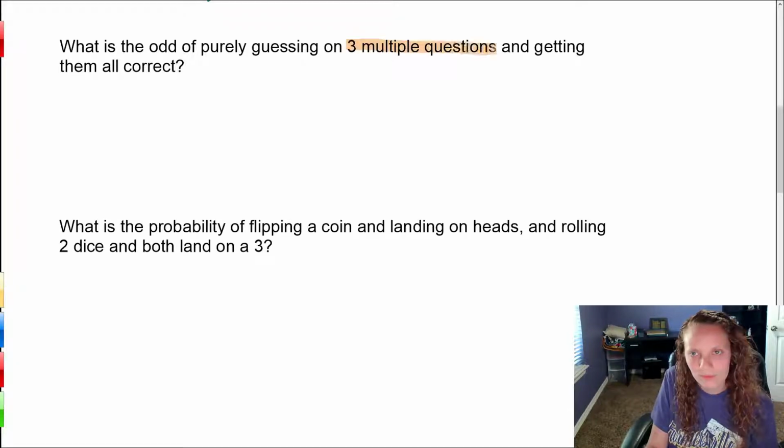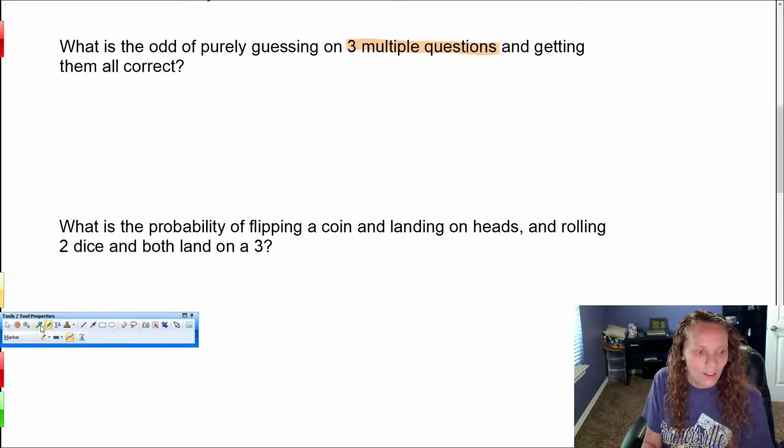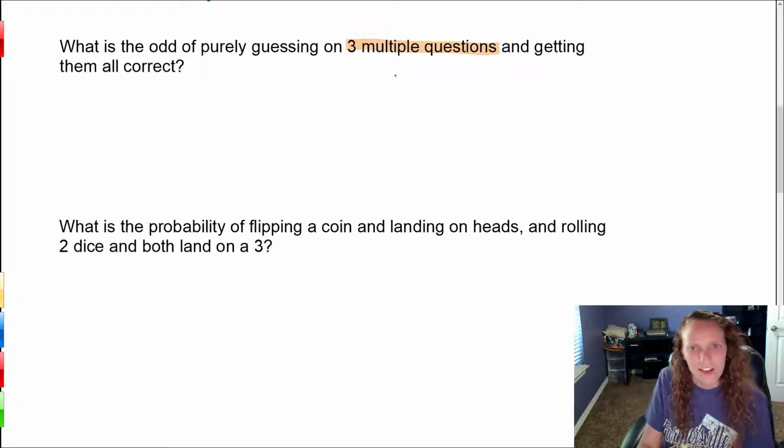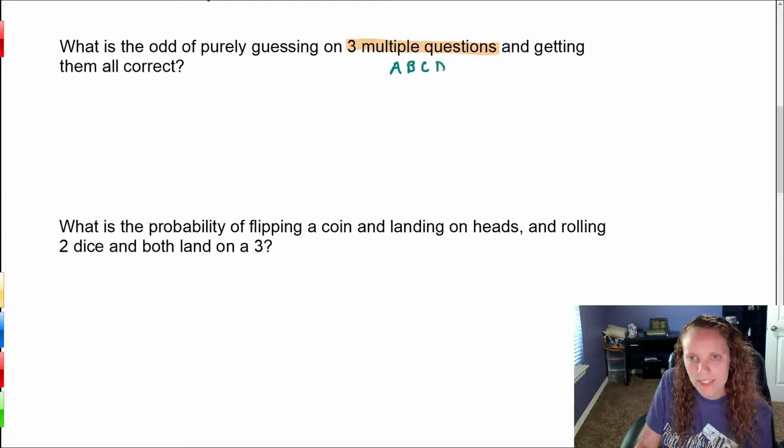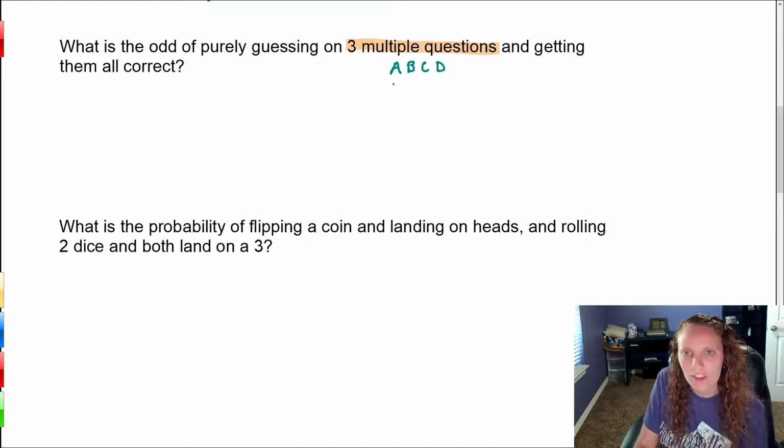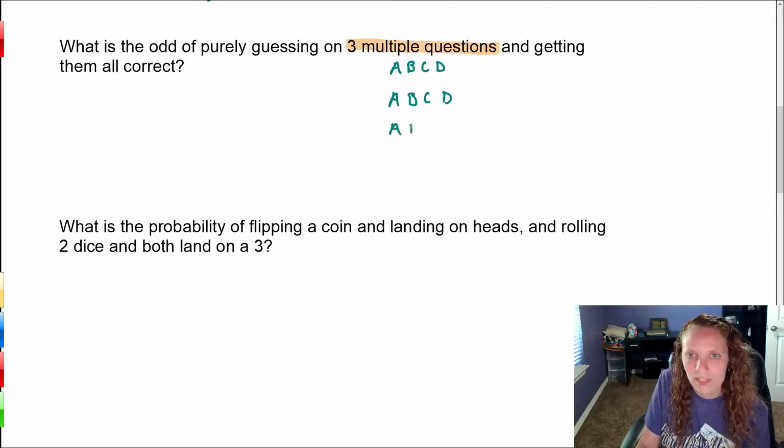On each multiple choice question, there's usually 4 answer choices, A, B, C, and D. And there's going to be 3 of those multiple choice questions. A, B, C, D for each.